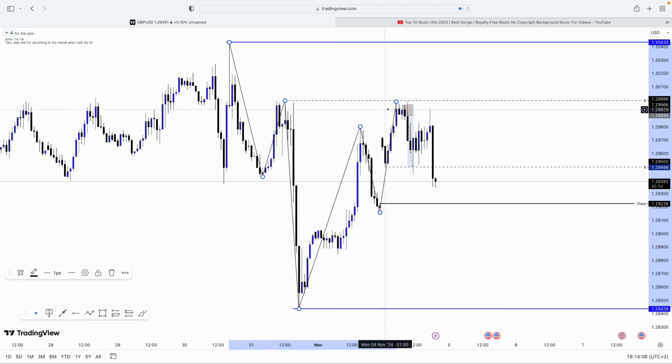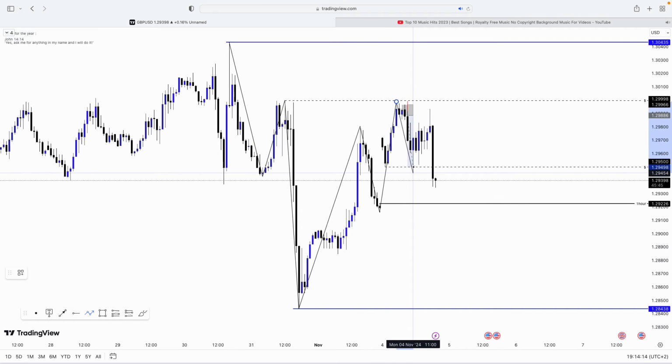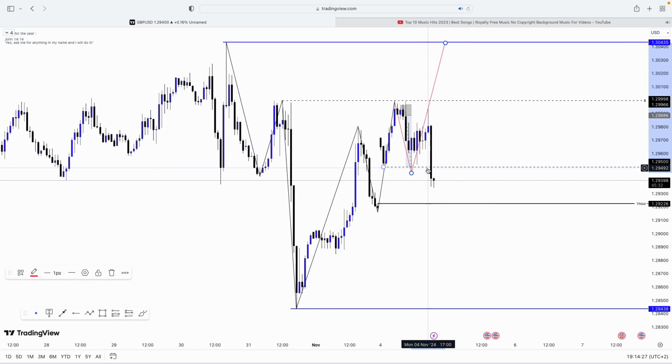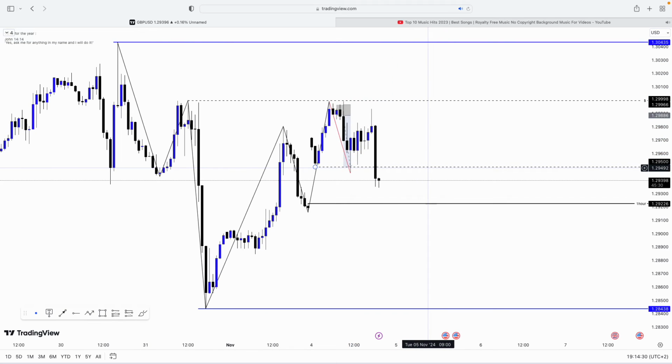So for me, for price to come back, retest this level of demand here, and from there extend up to take out these levels of liquidity, that level was very much on the table, if I can put it like that.